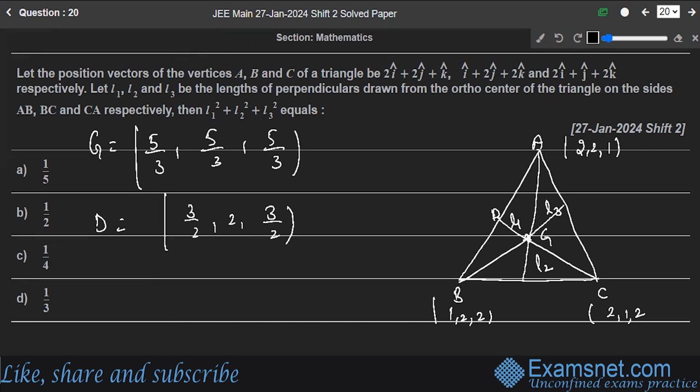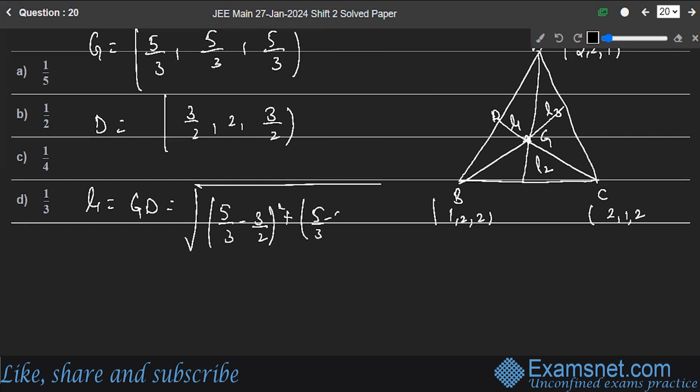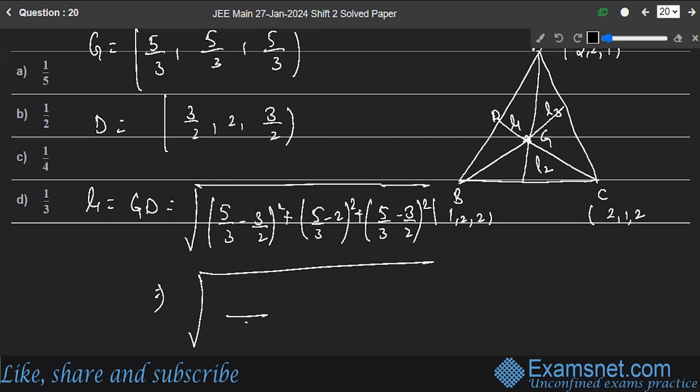Now, you have to find out GD. What is L1? L1 is nothing but GD. Now, GD is what? Distance formula. So many questions on distance formula you have got. 5 by 3 minus this square, 5 by 3 minus 2 square, 5 by 3 minus 3 by 2 square. This will be equal to root of 6.